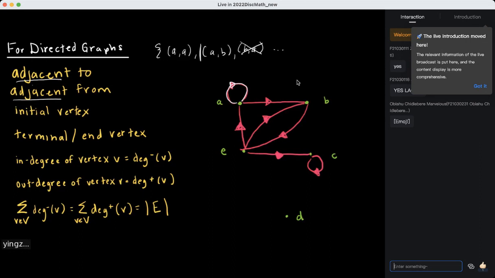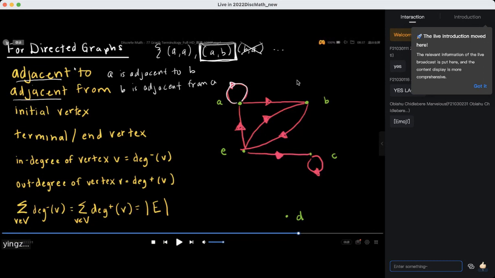Let's look at some examples using the ordered pair A comma B. Using the term adjacent to, we would say A is adjacent to B, but B is adjacent from A. For an undirected graph, adjacent has no direction, but for the directed graph or digraph, adjacent has a direction.